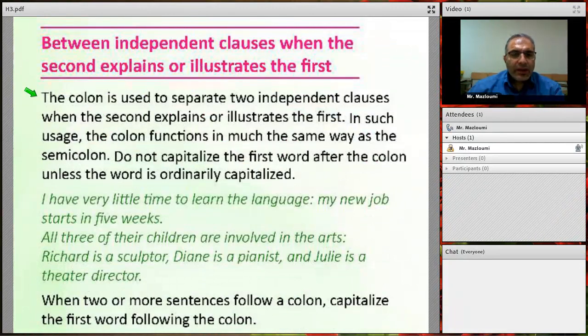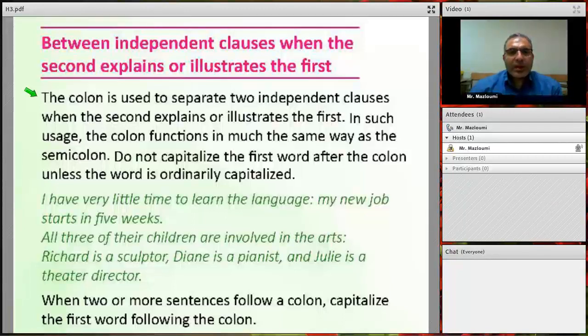The colon is used to separate two independent clauses when the second explains or illustrates the first. In such uses, the colon functions in much the same way as the semicolon. Do not capitalize the first word after the colon unless the word is ordinarily capitalized. So, the colon is used to separate two independent clauses.